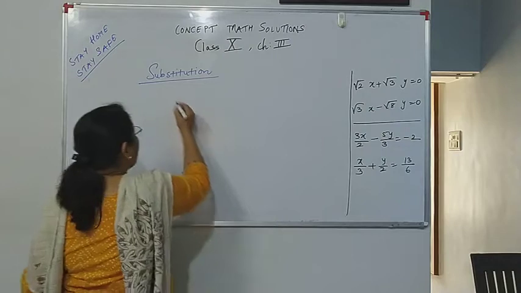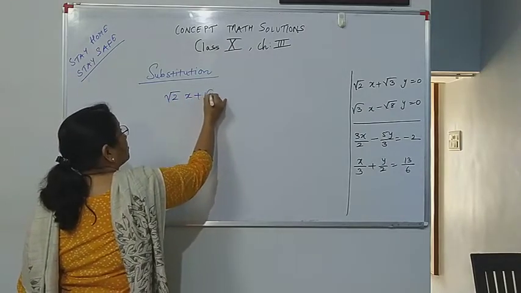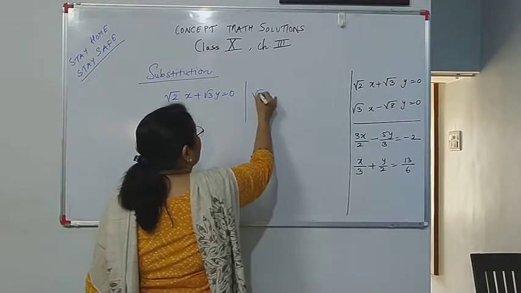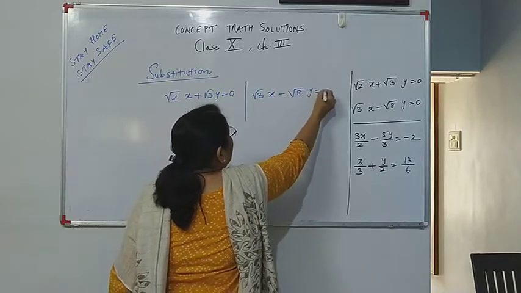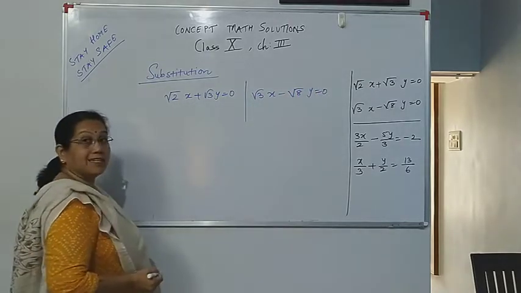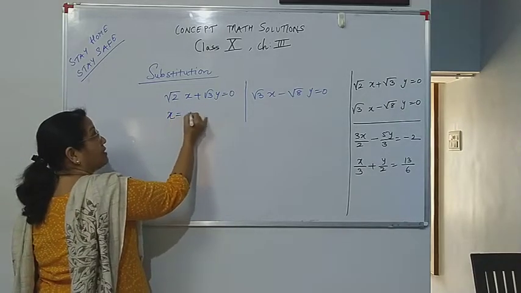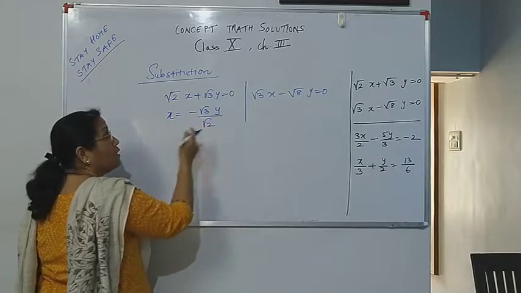So if I take the first equation, root 2x plus root 3y equal to 0, and I have the second equation, root 3x minus root 8y equal to 0. Suppose I decide to substitute x in terms of y. So I get x as minus root 3y upon root 2.